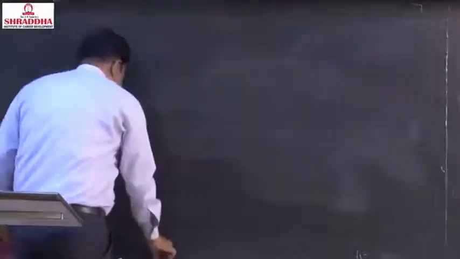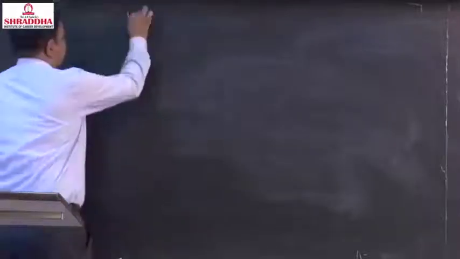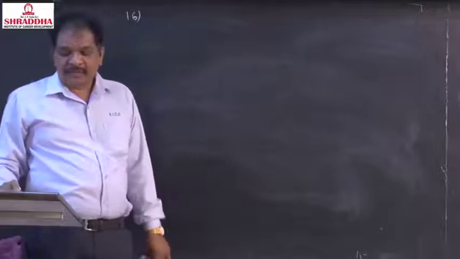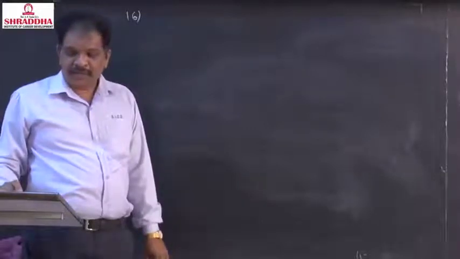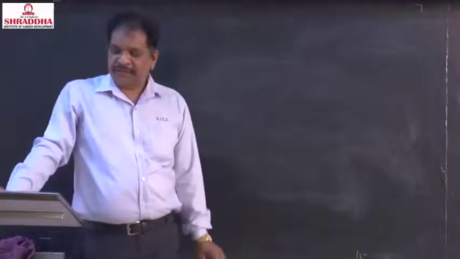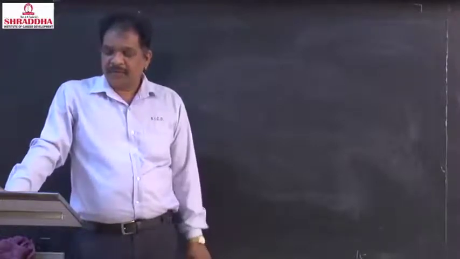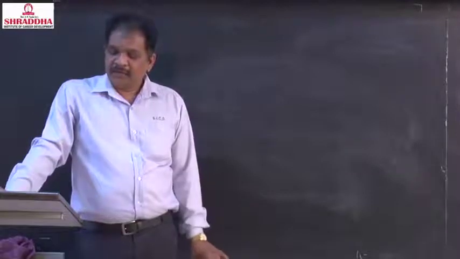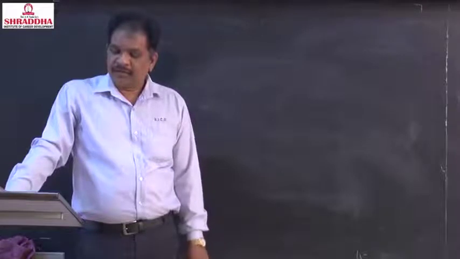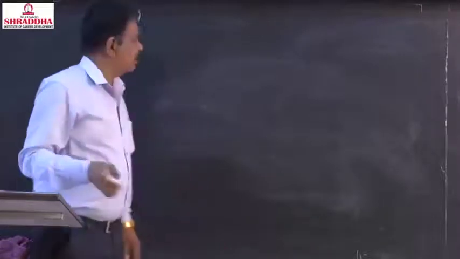Next. Question number 16. What they are asking, see, the vector sum of two vectors of magnitude 10 units and 15 units can never be 28, 22, 18, 8. Okay. Two vectors are there.